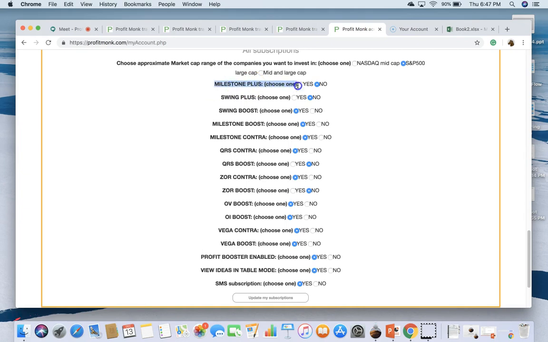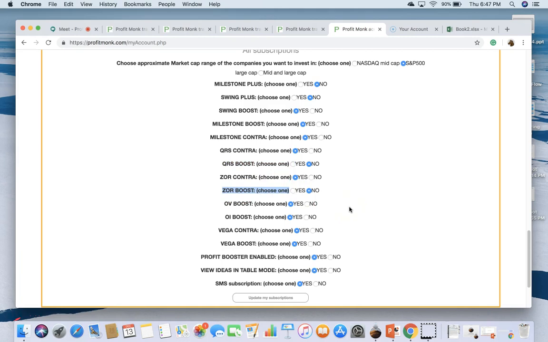So for this particular setup, it's actually easier to talk about the ones which are not used because more are used than not used. Milestone plus is not used, swing plus is not used, QRS boost is not used, and Zor boost is not used.